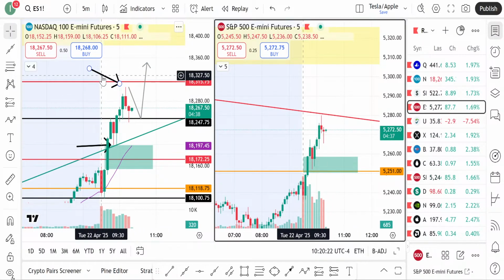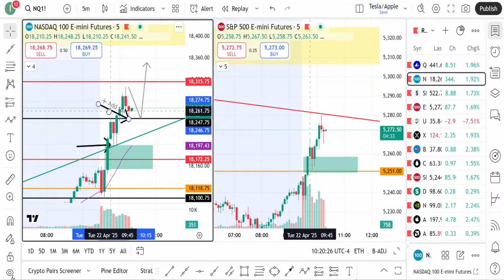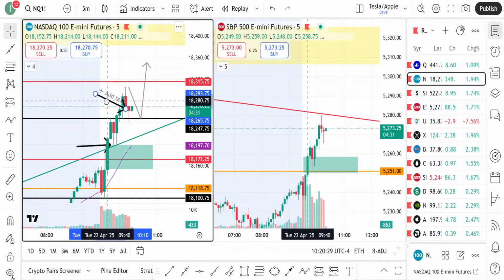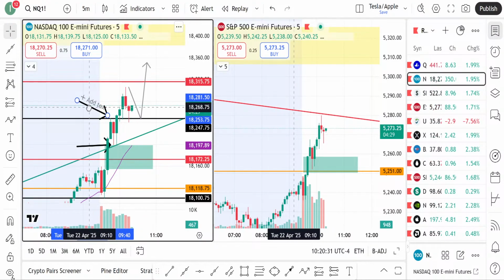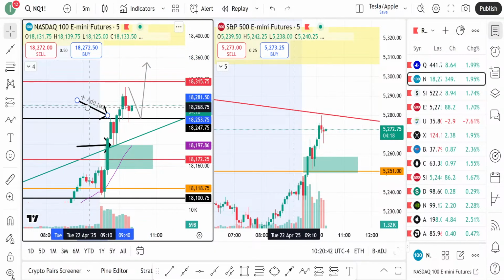Okay. We're seeing that sellers are weak coming down to this previous level of resistance, and now it's looking like support. So it's looking like this could still have some momentum left to go higher.